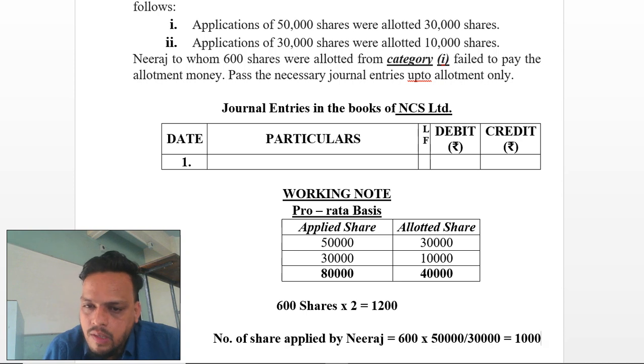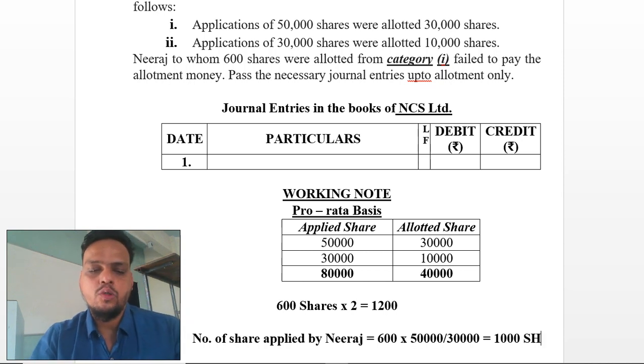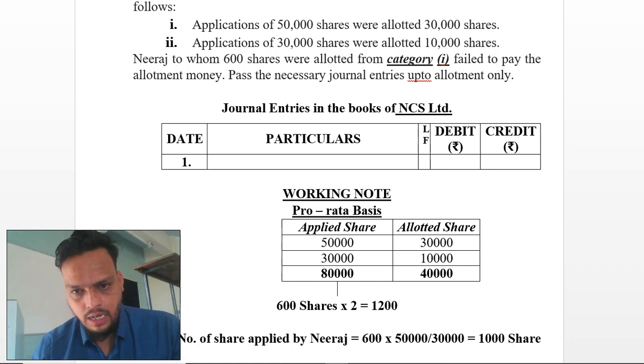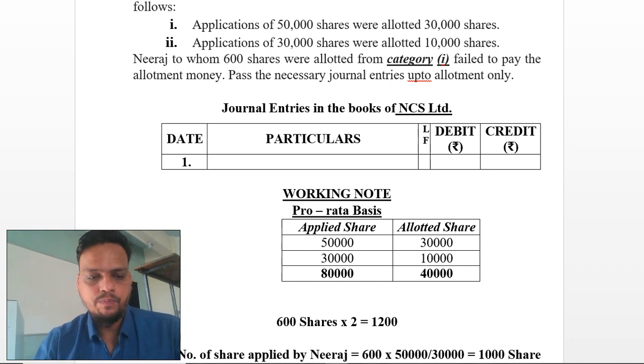Now 3 ones are 3, 3 twos are 6, 2 fives are 10. So 10 into double zero, so it will be considered as 1000 shares he actually applied for. Correct? Now I'll do the adjustment here. Exactly he has applied for 1000 shares of rupees 2 each. He has already paid 2000 rupees.